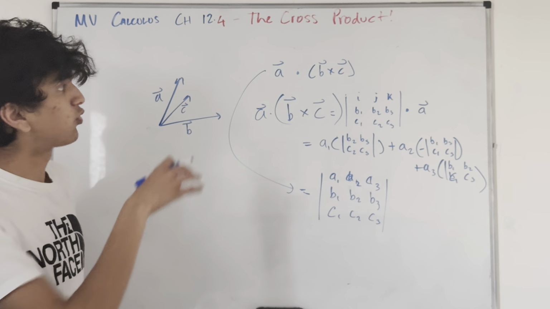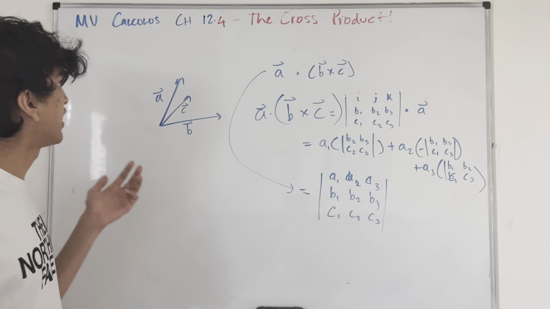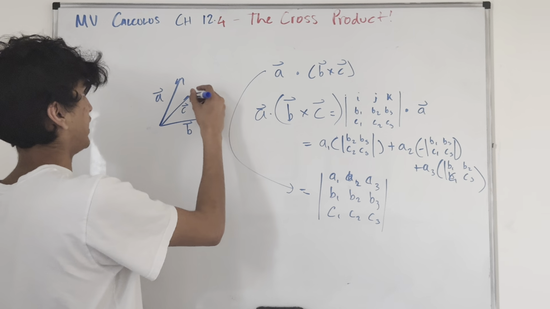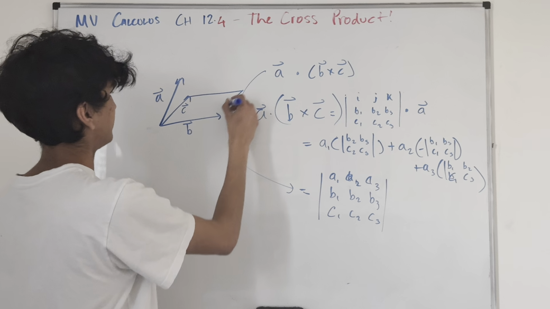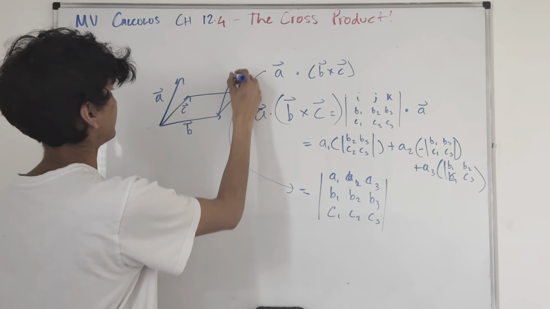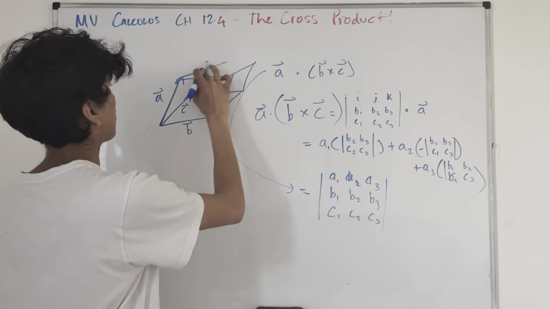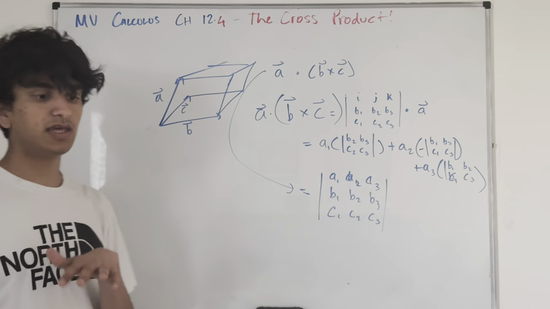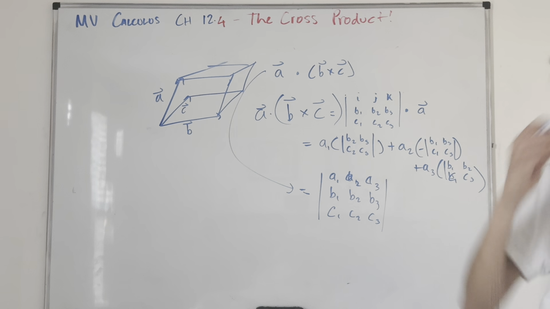This is a pretty useful quantity because, well, if you think about it, let's say we make a parallelepiped, which is like a 3D parallelogram basically, where you extend this, and then you extend this, and then you extend this, and then I can make this cool shape. How do I find the volume? Well, the volume's going to be the base times the height, right?